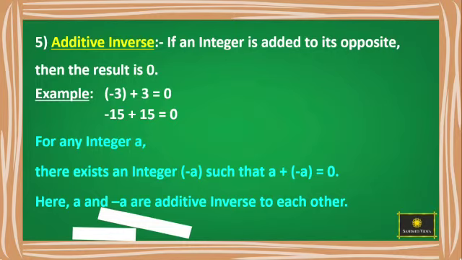For any integer a, there exists an integer minus a such that a plus minus a is equal to 0. Here a and minus a are additive inverse to each other.